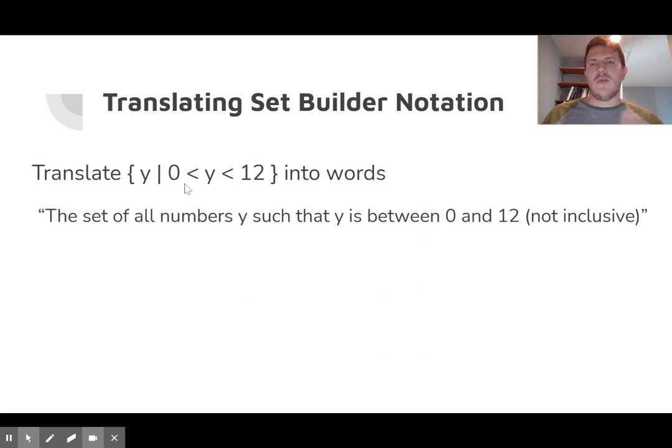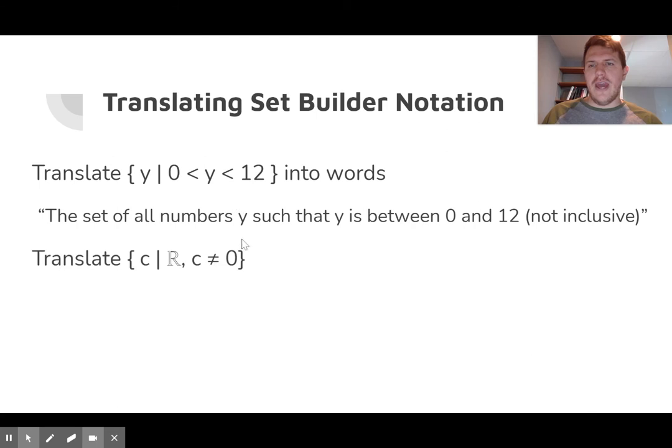Once again, we want to look mostly at this part right here, 0 less than y less than 12. That tells me that y is all my numbers between 0 and 12. Because they're less than and not less than or equal to, we don't include 0 and 12 in this set.